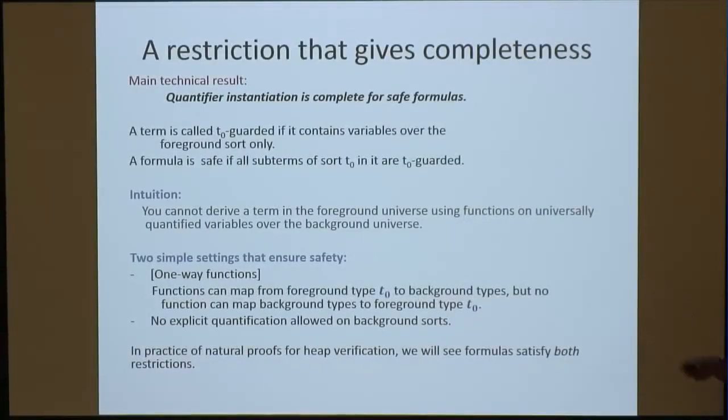And it is very easy to understand what the safe fragment is. A term is called foreground guarded, T naught being the foreground universe, if it contains variables only of the foreground sort. And the formula is safe if every subterm that you have is guarded, right?